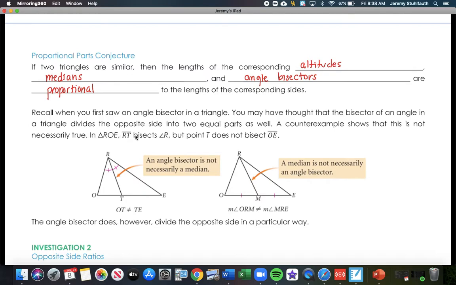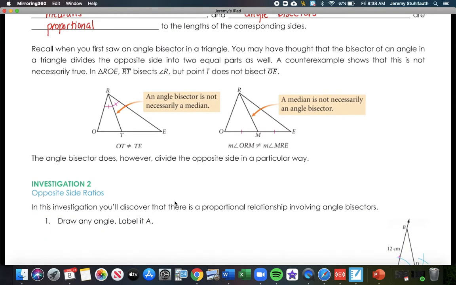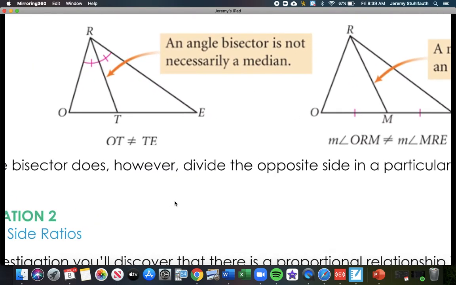So what we're going to look at here, though, is how the angle bisector divides the opposite side, because there is a particular way that it does divide this opposite side, meaning it doesn't divide it in half necessarily, but what is the relationship between this smaller piece and this bigger piece? So when you have that angle bisector, what is this relationship right here? Are they proportional? Okay, so that's what we want to take a look at.